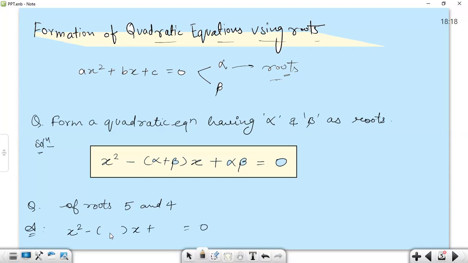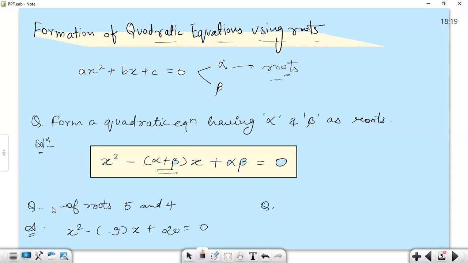X square minus sum of roots, 9x. Yes. And what will be here? 20. Yes. So this is the quadratic equation having roots 5 and 4.